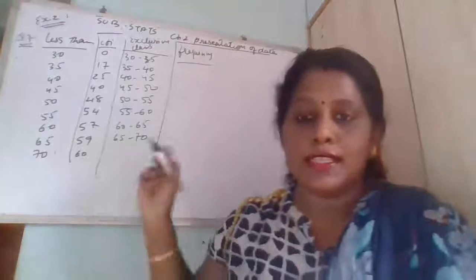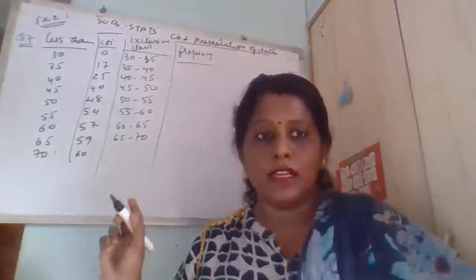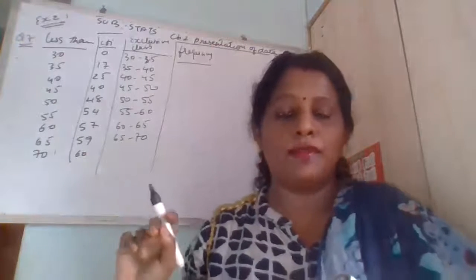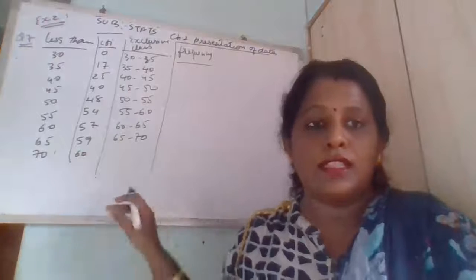Right? So this is the less than class that is given, and CF was given. Then you have to find an exclusive class. So this is your exclusive class.